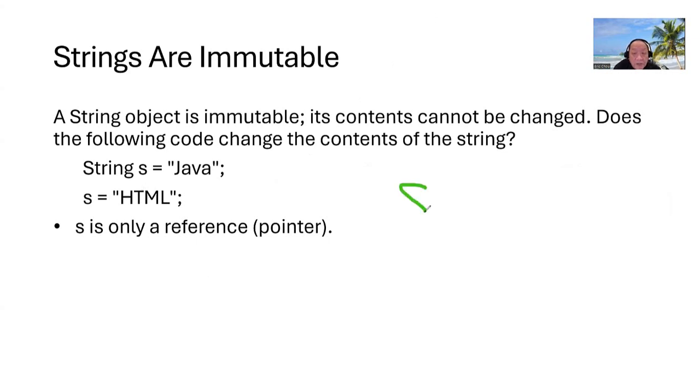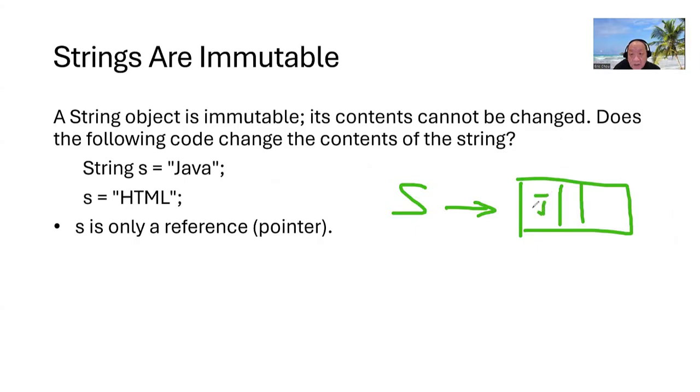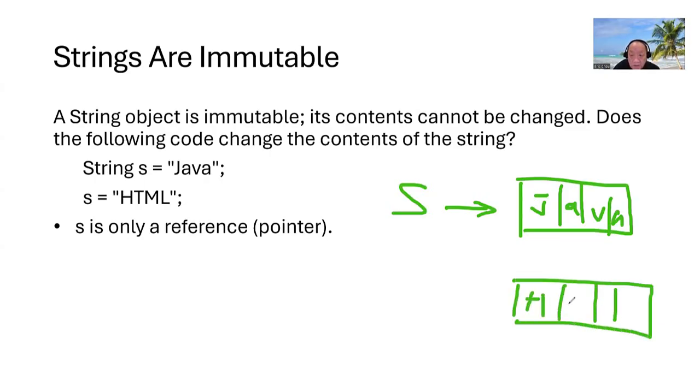So s equal Java is pointing to Java. And later you say s equal HTML. Then there's an object called HTML. The original address is, say, AB24, and you store AB24 there.